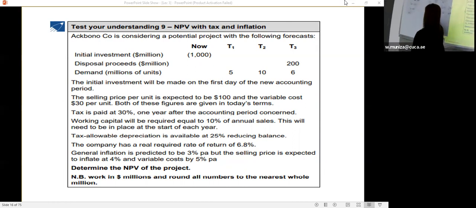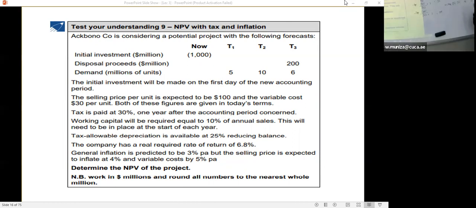On these cash flows, we have calculated tax and tax allowable depreciation. Then we are on the step of working capital, which is 10% of the annual sales. It will need to be in place at the start of each year.